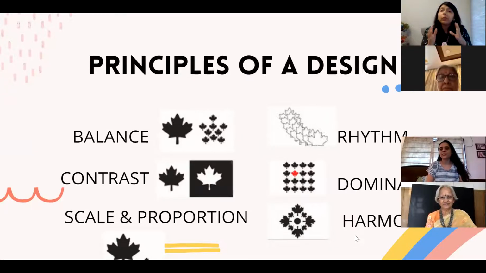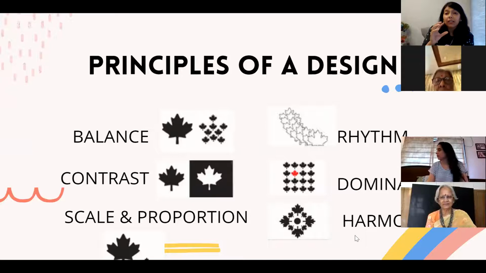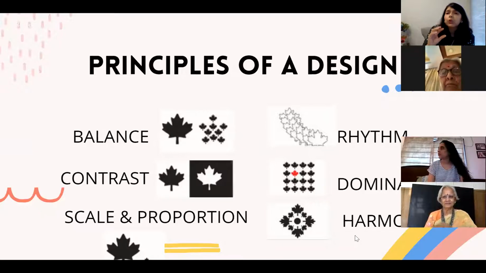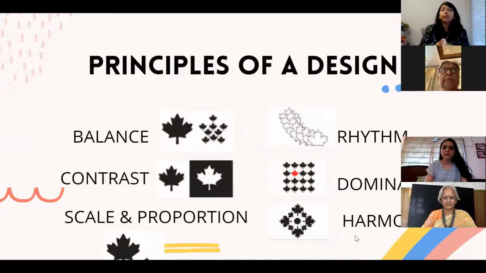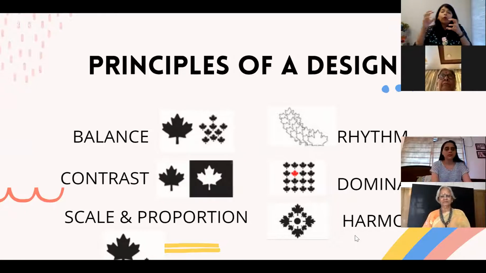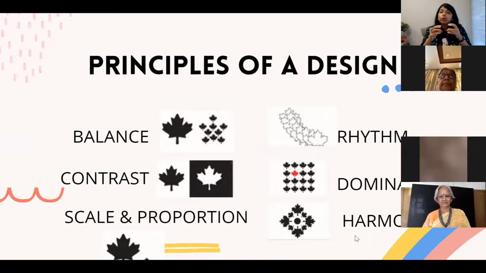Whenever we use a material which is either too large or too small for the design, we say it is out of scale. And proportion means the quantity of materials used with respect to each other or the whole design.